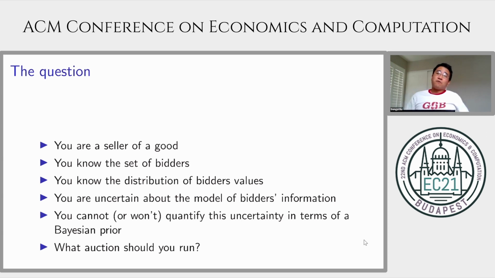You know the set of bidders, and you know the distribution of bidders' values, but you are uncertain about the model of bidders' information, and you cannot quantify this uncertainty in terms of a Bayesian prior. The question is, what auction should you run?